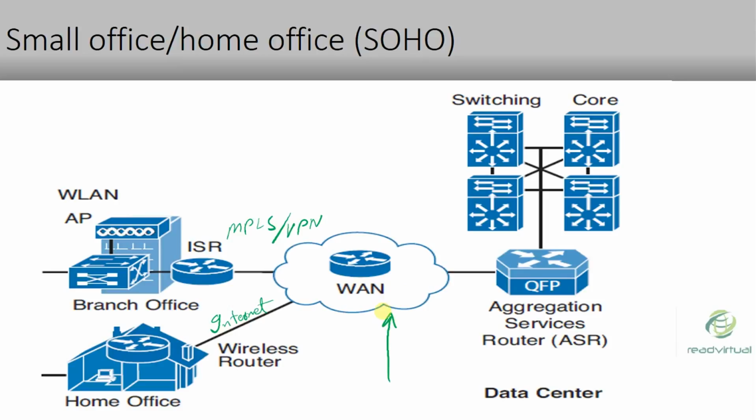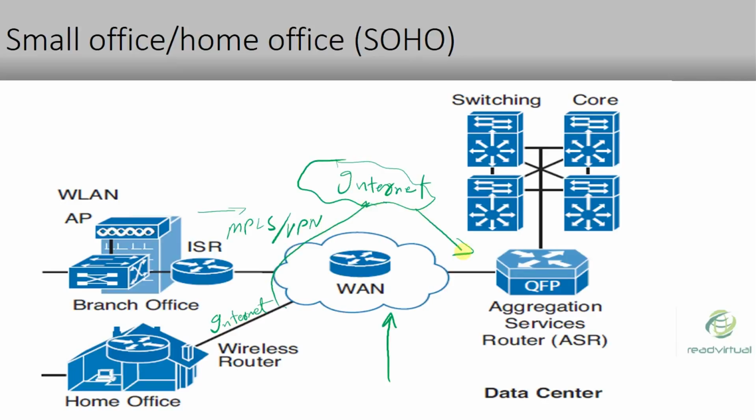So we will design it so that when our traffic is leaving our boundaries, that traffic should be secure when it's entering the WAN, or the MPLS cloud, or the internet cloud, whatever cloud it's connected to. It may be connected to the internet cloud, and from there it's connected to our head office.